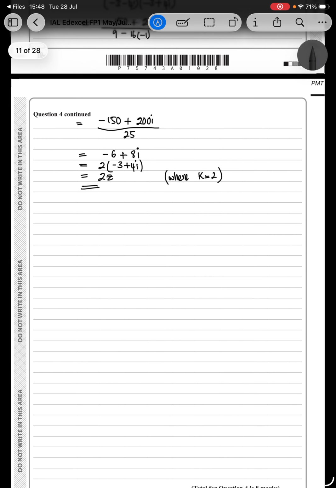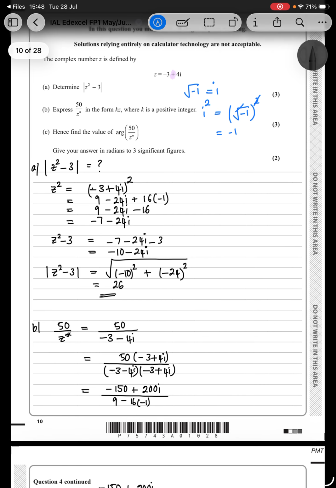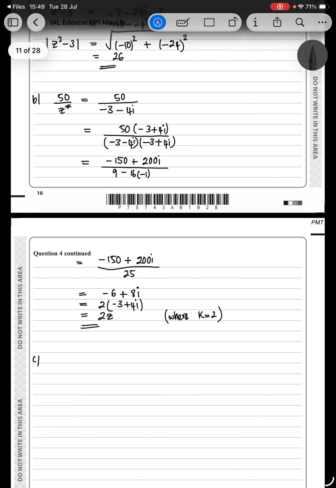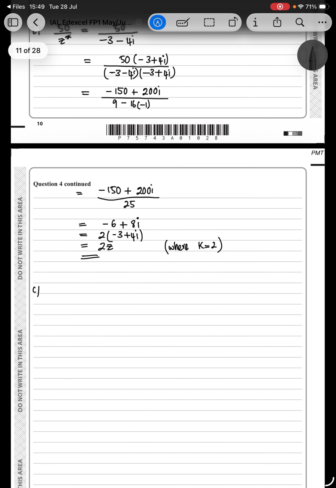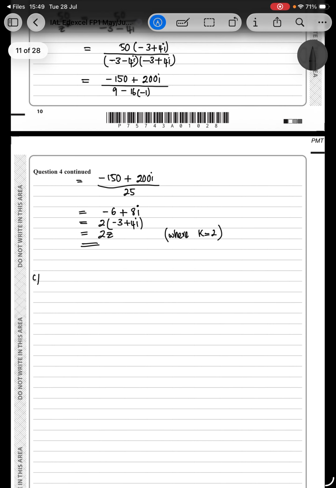And now moving on to part C. It says, hence find the value of the argument of 50 over z complement. Give your answer in radians to 3 significant figures. So we already know what 50 over z complement is, which is minus 6 plus 8i, or in other words 2z.